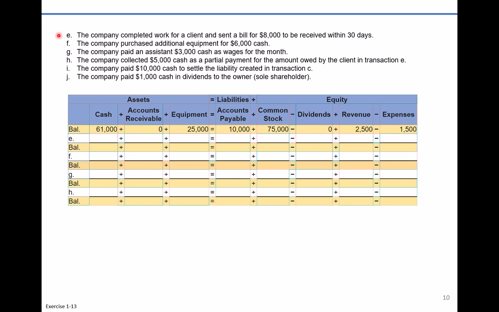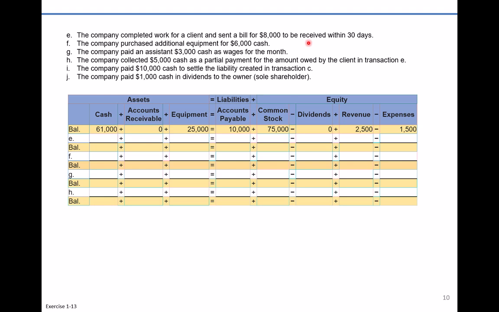So let's step back and think, what accounts were involved in this transaction? Well, we've got that work for a client again that we saw earlier, so we've done some work, we've earned some revenue. Okay. Did we get cash? No, we didn't get cash, but instead we sent a bill to the customer for $8,000 to be received in 30 days.